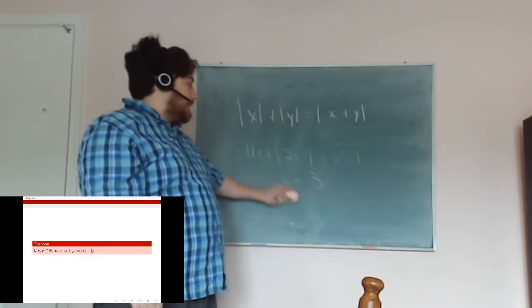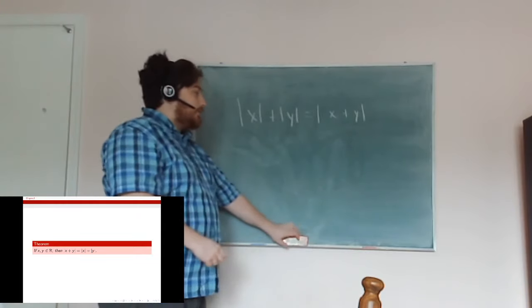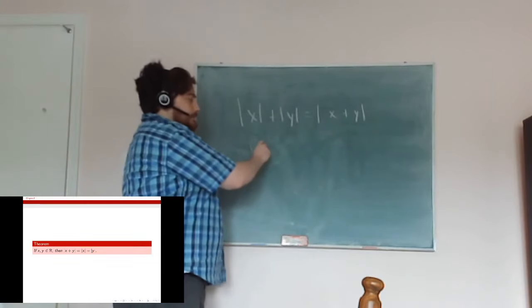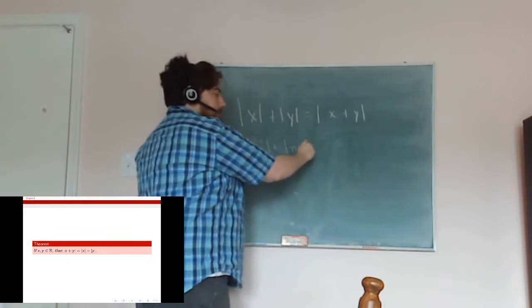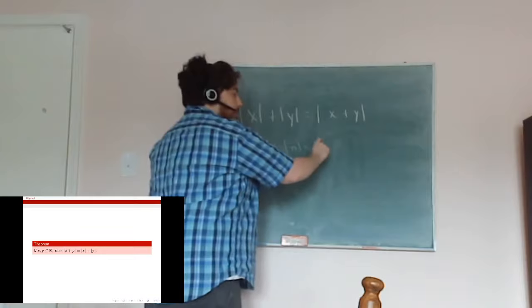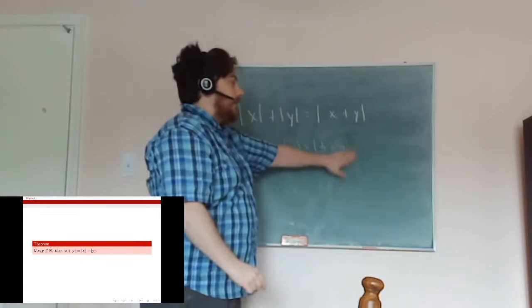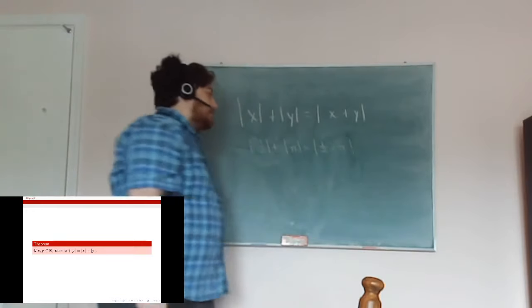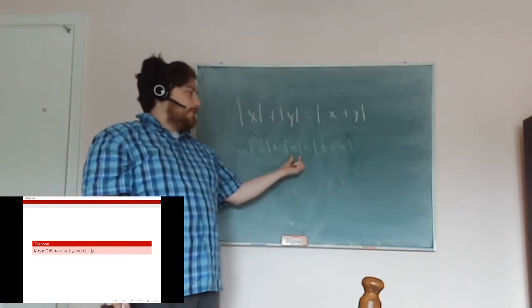Since I should try real numbers, I should try other things too, like 1/2 and pi. Is the absolute value of 1/2 plus pi equal to the absolute value of 1/2 plus the absolute value of pi? So here I have some rational and some irrational, but I'm adding 1/2. Absolute value is 1/2. Absolute value of pi is pi.